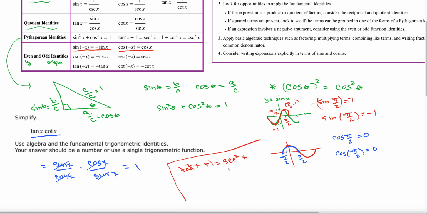So I could solve for tangent squared x. So tangent squared x is equal to, if I subtract the 1 to the other side, secant squared x minus 1. So that would mean anytime I see the expression secant squared x minus 1, I could replace it with tangent squared x. So keep that in mind when you go to manipulate these expressions using the Pythagorean identities.